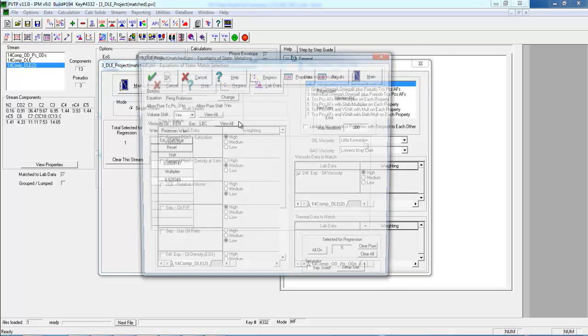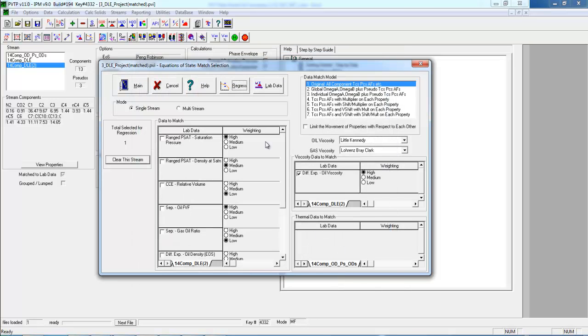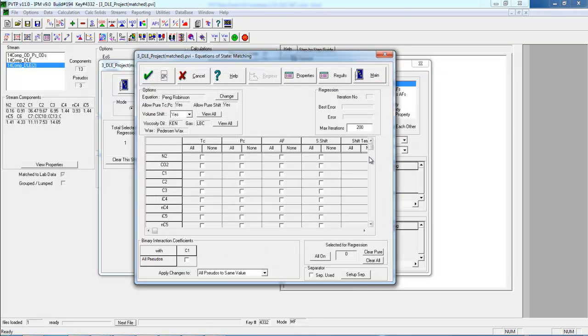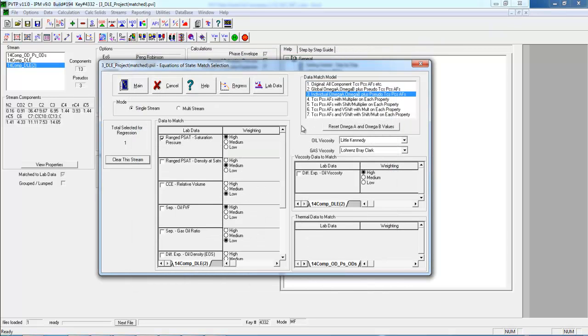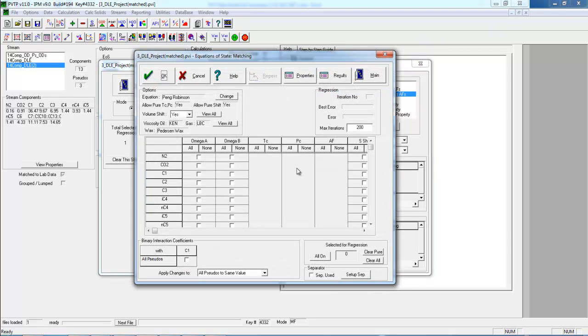In the first one, we are talking about TC/PC eccentric factor. But in the third one, we are including omega A, omega B. And maybe someone says, if I include more parameters, the problem or the tuning will be easier.